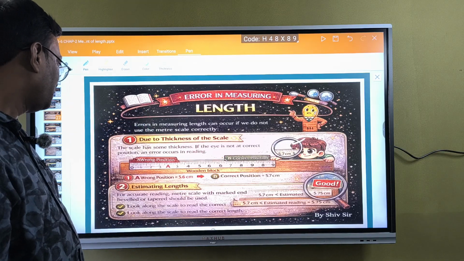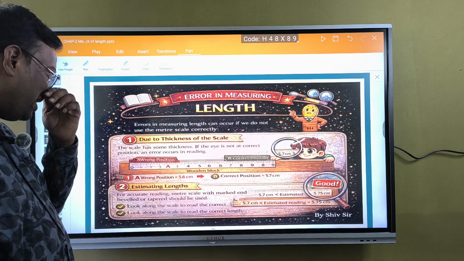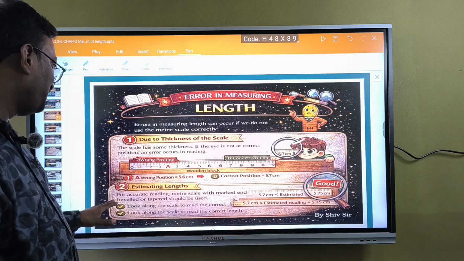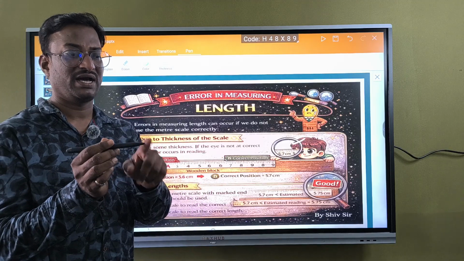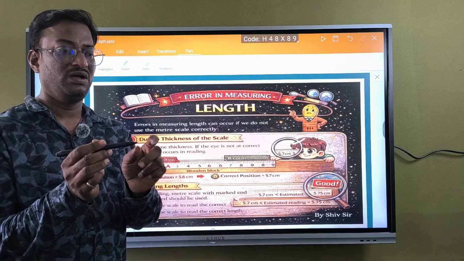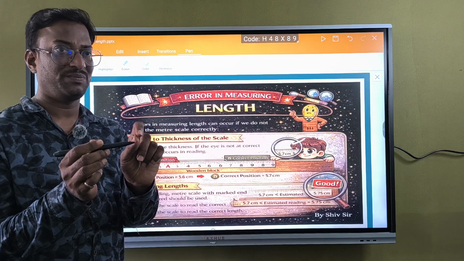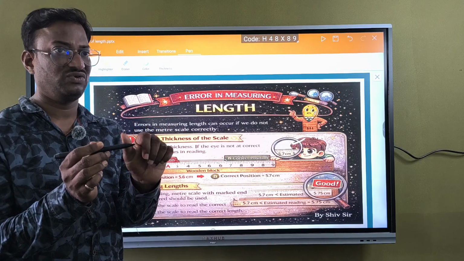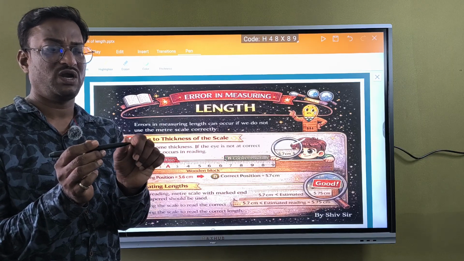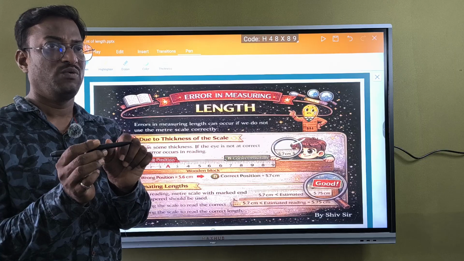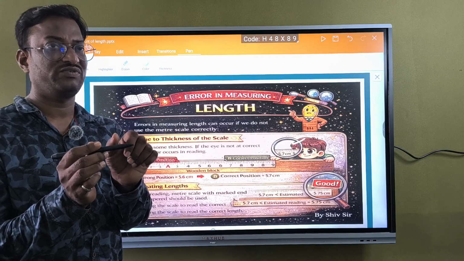Next, for accurate reading, a meter scale with a marked end, leveled or taped, should be used. So the marked end, the edge, should be correct. If it is worn or torn, so that some marks have been torn off, that type of scale should not be used for measurement. In that situation, you should not start with 0.